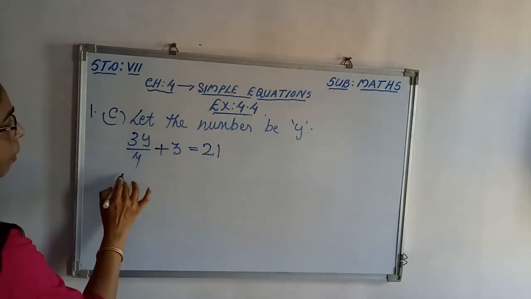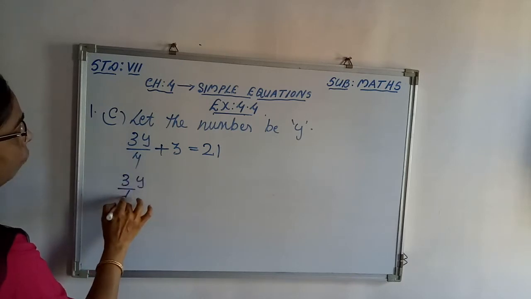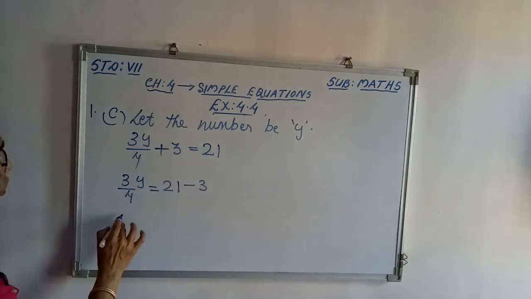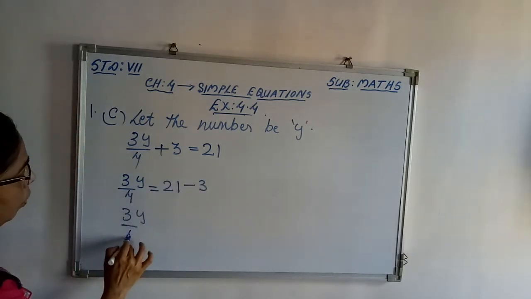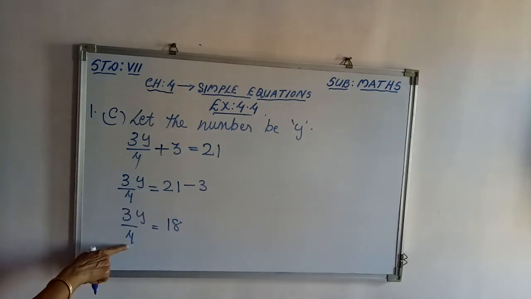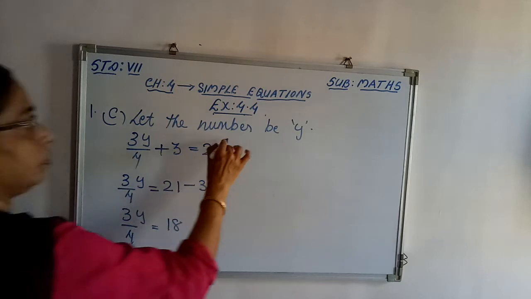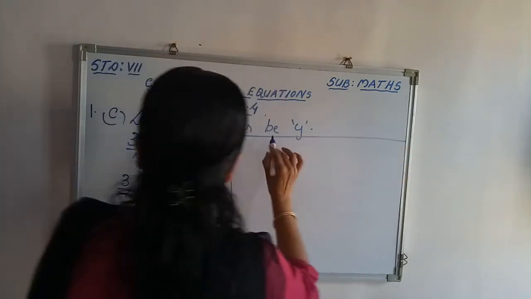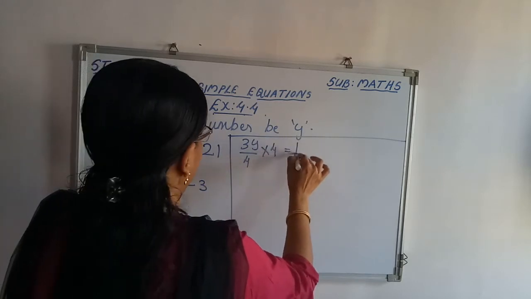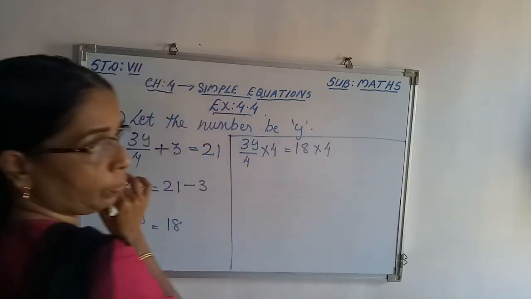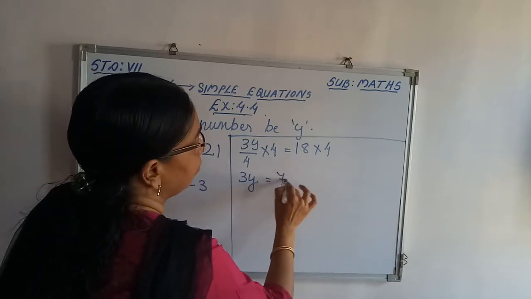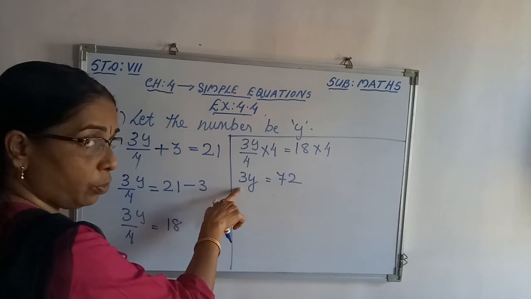First transposing 3. 3y upon 4 is equal to 21 minus 3. So 3y upon 4 you will get 18, isn't it? Now what to do? Multiply both the sides by 4. So 3y upon 4 into 4, 18 into 4. We get 3y is equal to 18 into 4, 72. Now how to remove this 3?